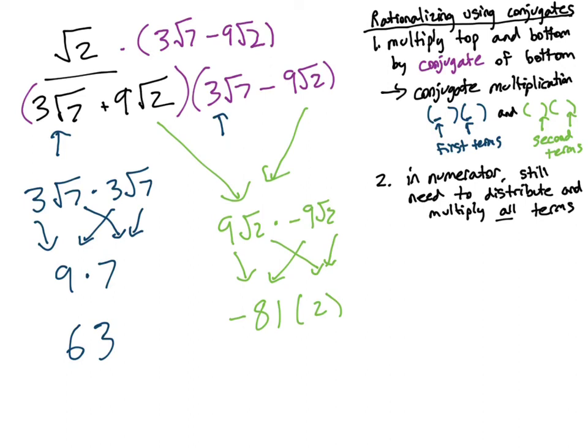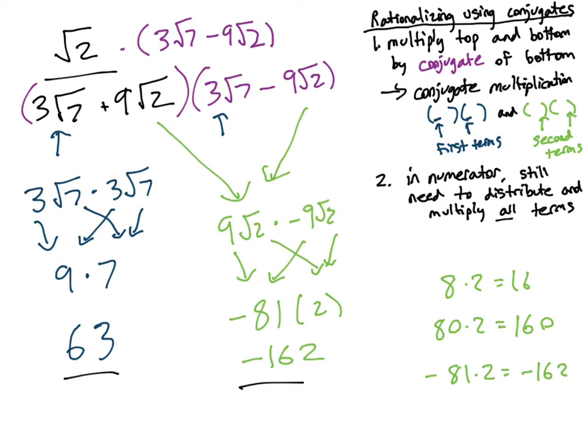Well, I know that 8 times 2 is 16, so 80 times 2 would be 160, and 81 times 2 would just be 2 bigger than that. So negative 81 times 2 is negative 162. So the denominator of this expression will have 63 minus 162, which gives us negative 99.